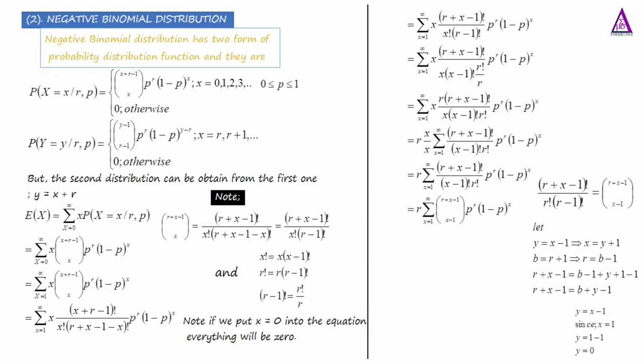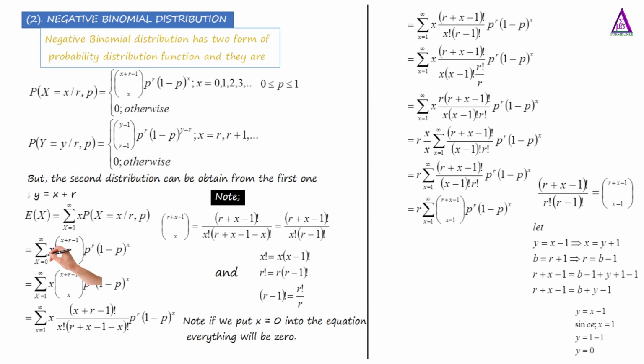In equation 8, we factorize r and x divided by x out of the equation. So x cancels x, and we have the next equation, which is this equation. If we look at what we have in the second to last equation, we can write it in combination form as this. Now we want to make the last equation like the first probability distribution function of the negative binomial.